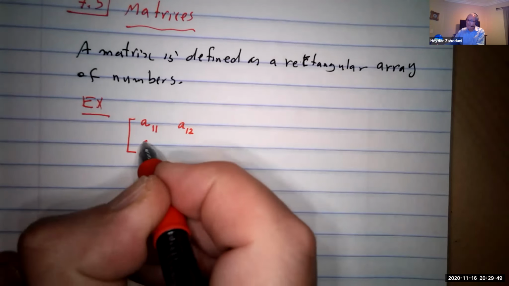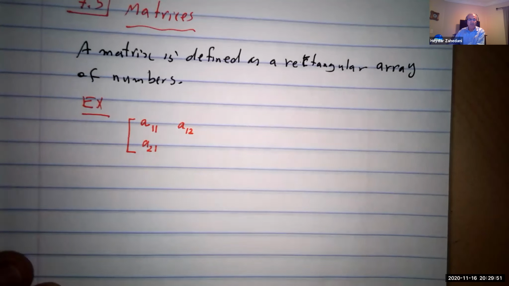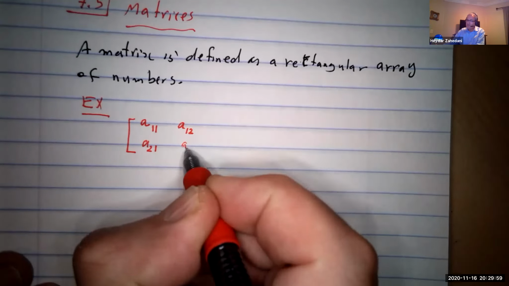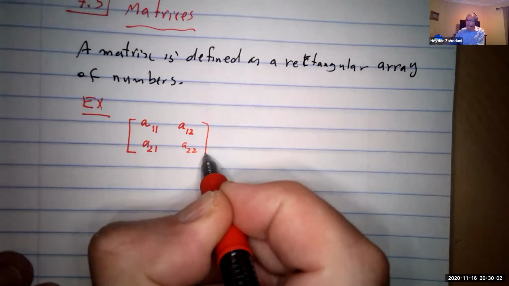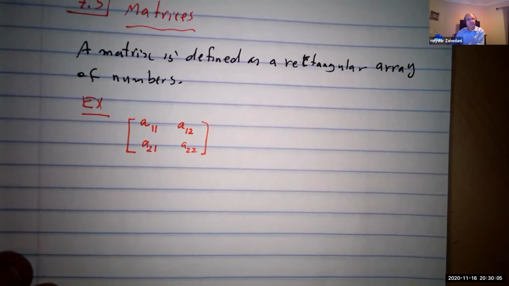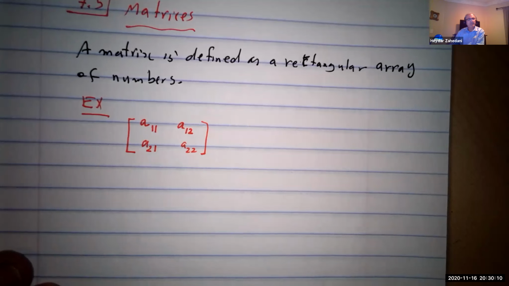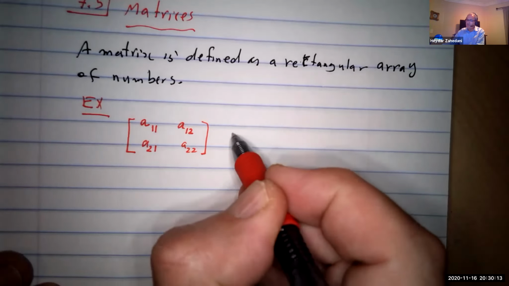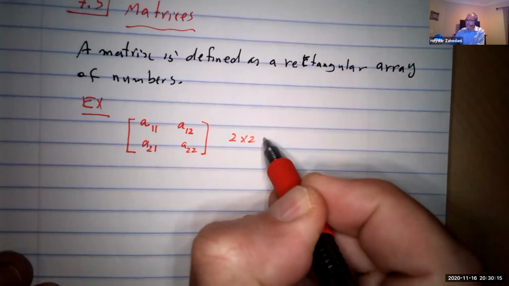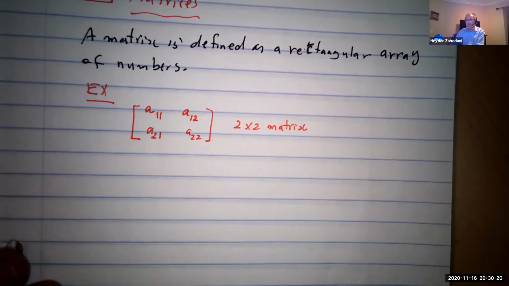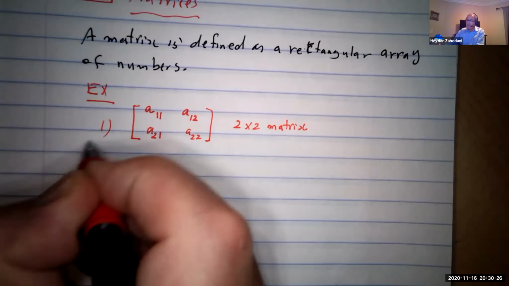A21 is in the second row, first column, and A22 is in the second row, second column. So this matrix has 2 rows and 2 columns, so we call it a 2 by 2 matrix. We identify the row and the column, so that's a 2 by 2 one.